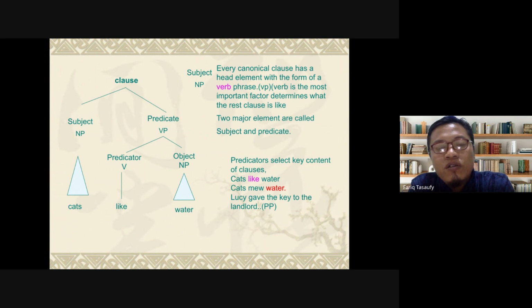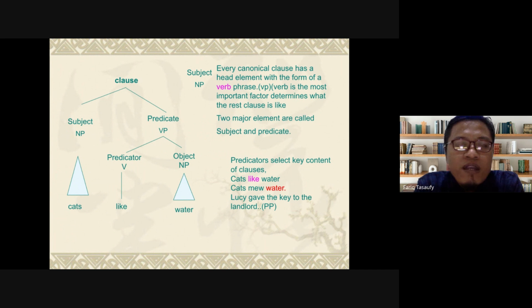So in these three different clauses, we know that the verb is the central unit, and it selects the key content of the clauses: which one is the actor, which one is the object, which one is the complement, and which one is the adjunct. So the verb is a very central unit in identifying the structure of a clause.